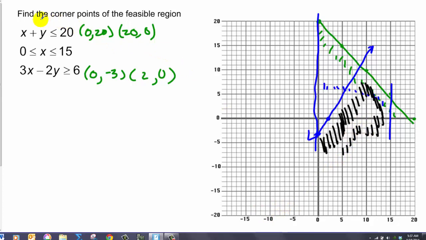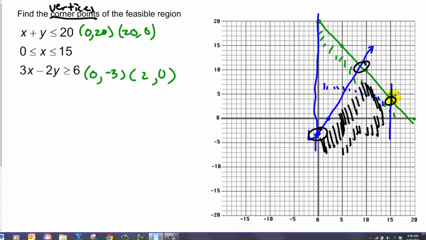And they asked me to find the corner points of the feasible region. Now, corner points are also called vertices. Are points of intersection, like so. So a couple of these are pretty easy to find.